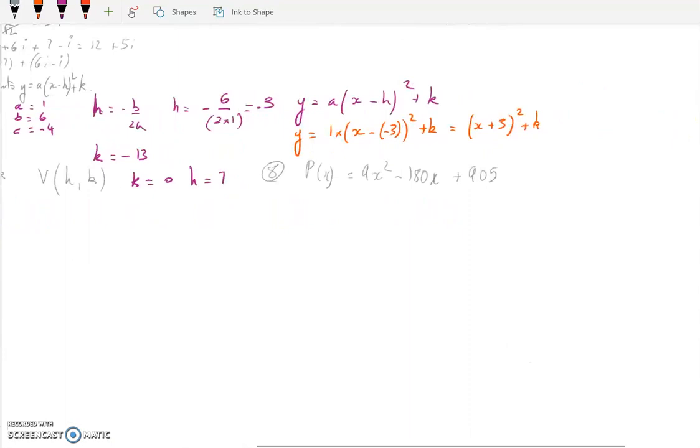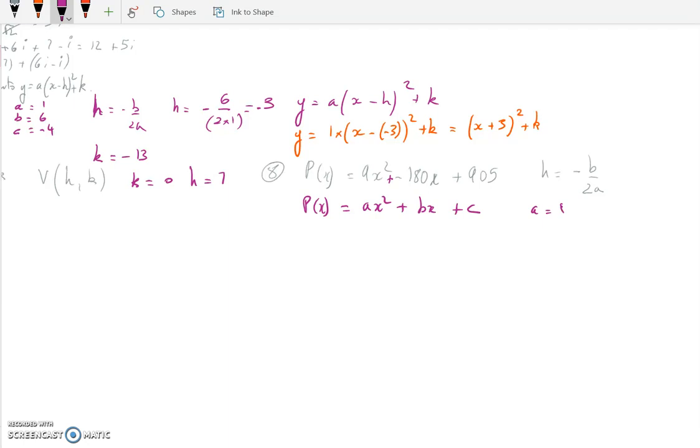To find the vertex, I know the expression of h. h is supposed to be equal to minus b over 2a. First of all, I'm going to put a plus right here. Like this, it matches the expression P of x equals ax squared plus bx plus c. There is no doubt in my mind now that a equals 9, b equals minus 180, and c equals 905.